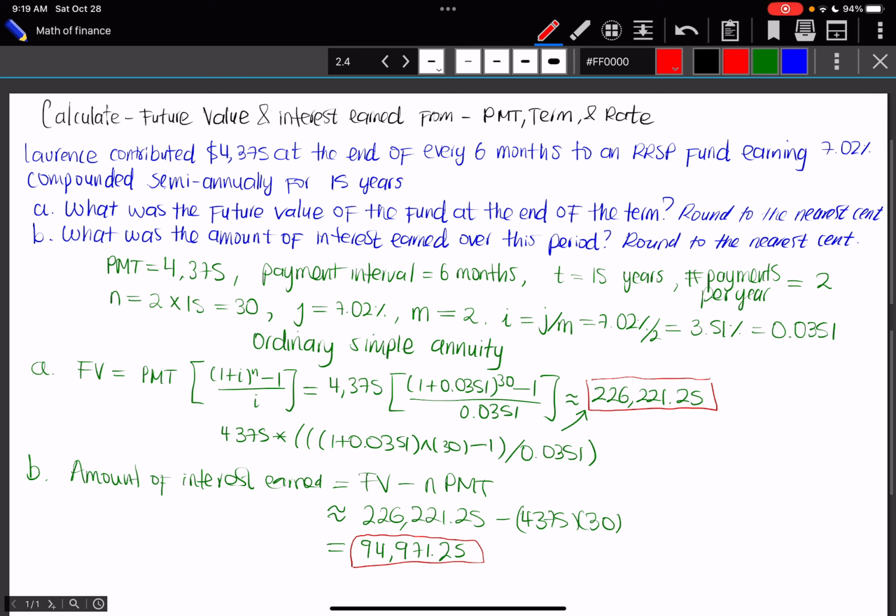Then we classified the annuity as ordinary and simple. And then based on that classification, we said that for part A, we use the formula future value equals PMT times (1 plus I)^n minus 1 over I, right? And then to find the amount of interest earned, we did future value minus n times PMT.